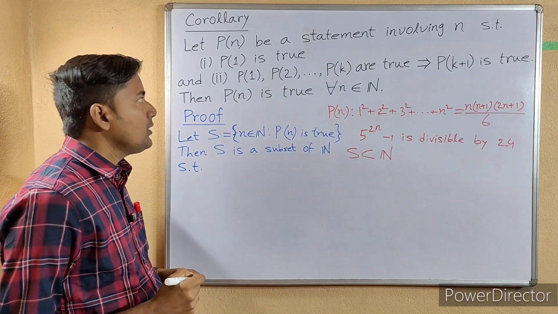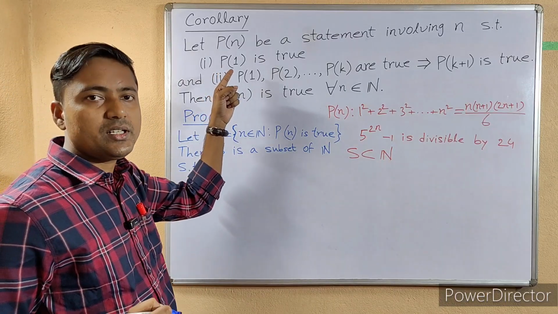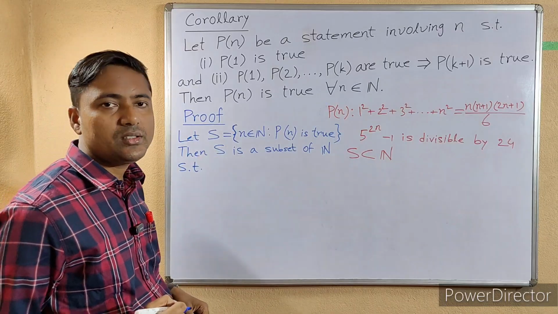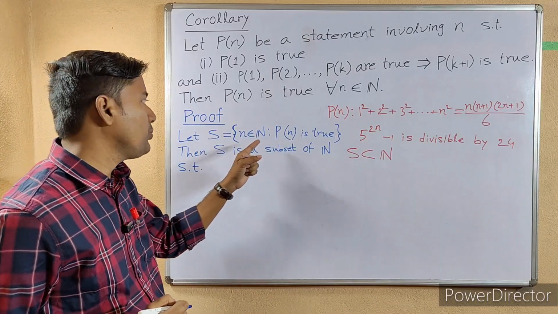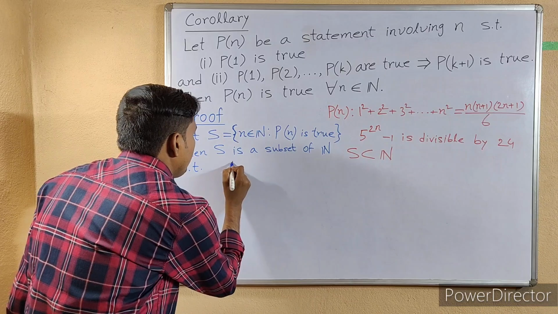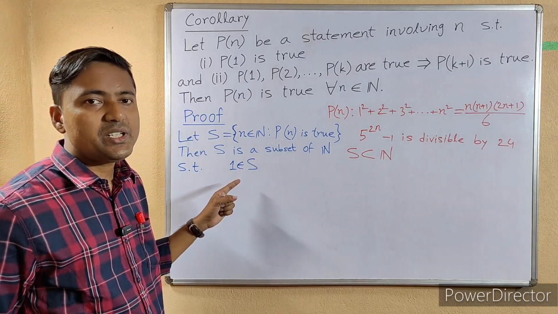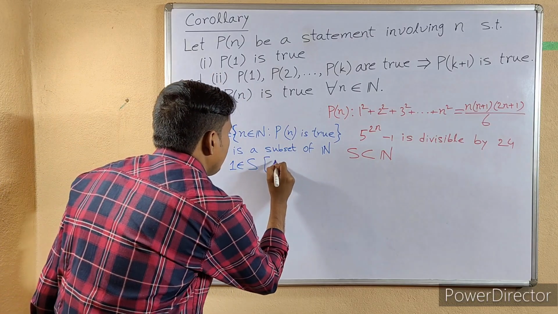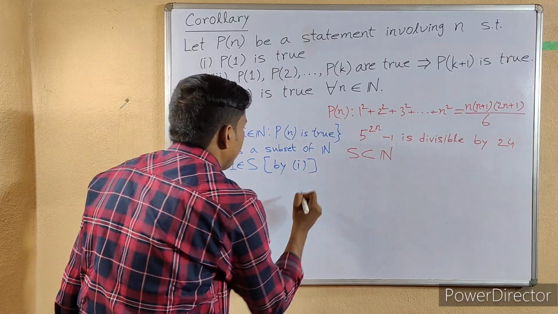Okay, notice that from the first given condition we have P1 is true, so we can say 1 belongs to S, because Pn is true implies n belongs to S, so P1 is true implies 1 belongs to S. So we have 1 belongs to S, and this is obtained from the first given condition, that is obtained by the condition 1.